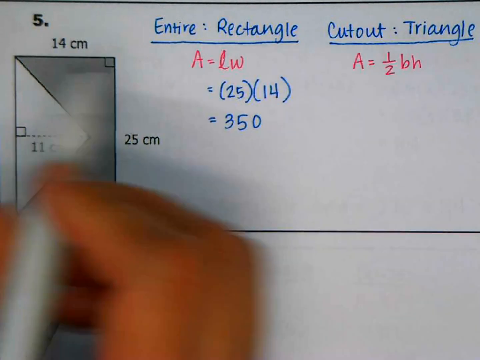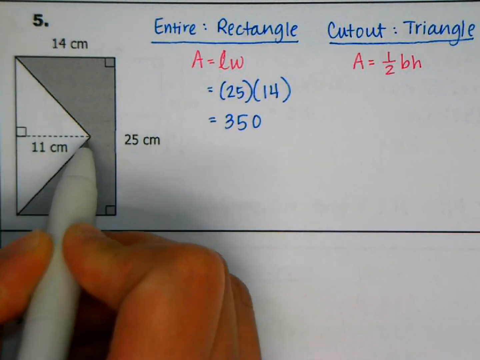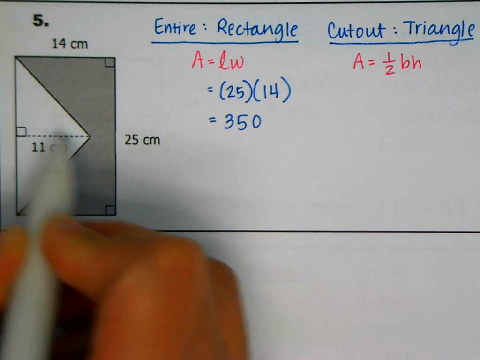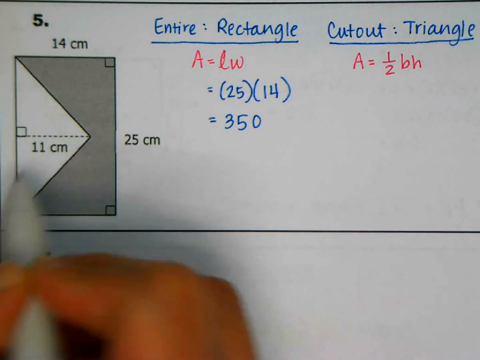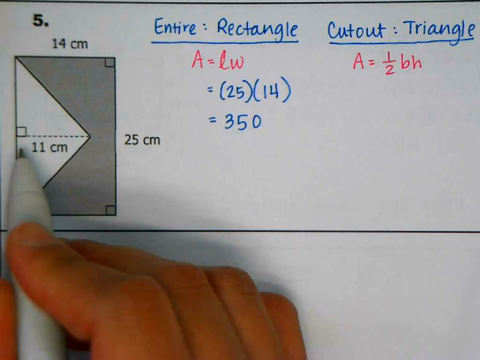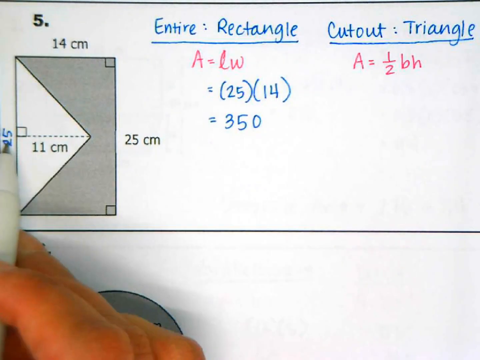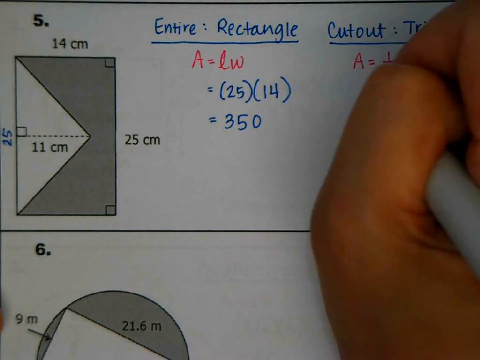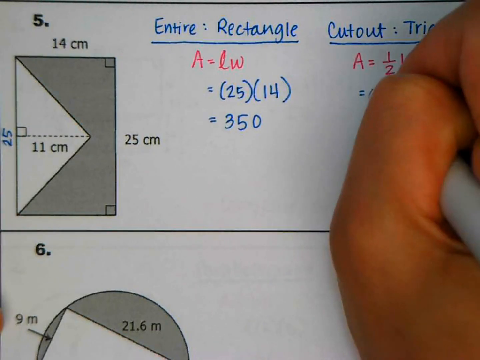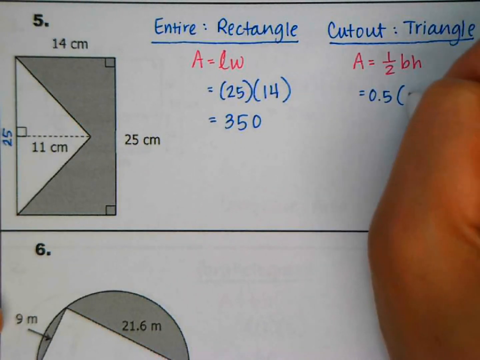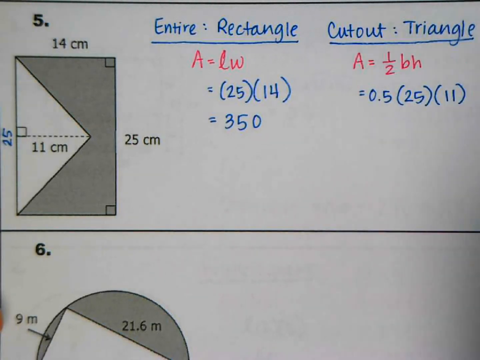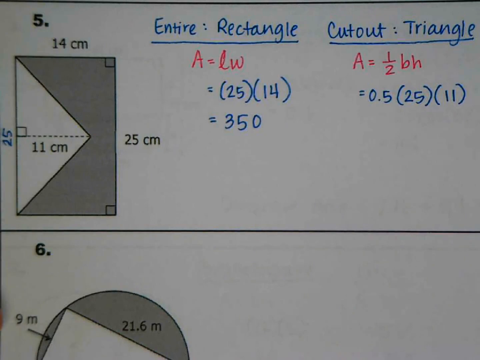Looks like we have 11, and then this is missing. However, we can transfer it over from the original rectangle. 25 base and height. Okay, so we didn't have to do any work ahead of time. We could just go ahead and put everything into our formula. 0.5 times 25 times 11, 137.5.